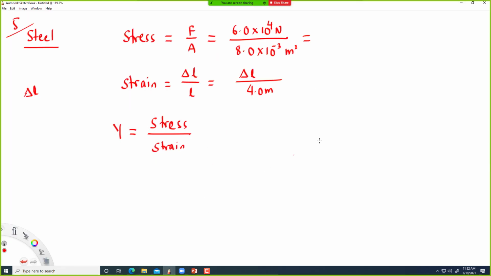Okay, so Young's modulus for steel. Let's Google that. I didn't bring my book.